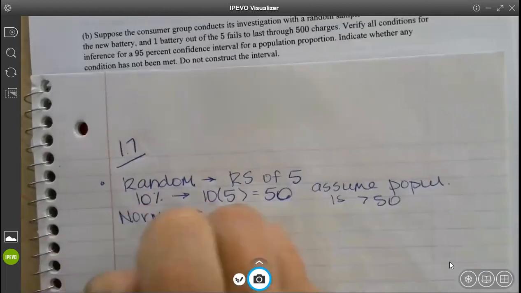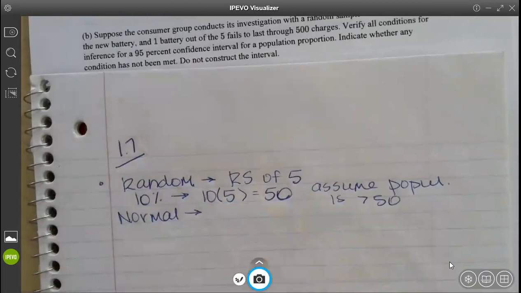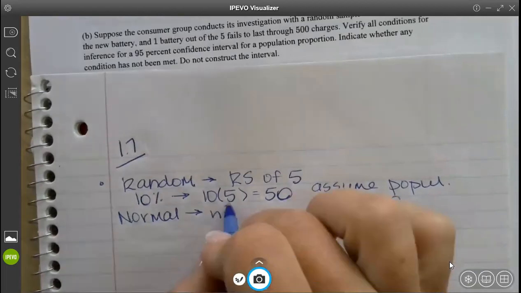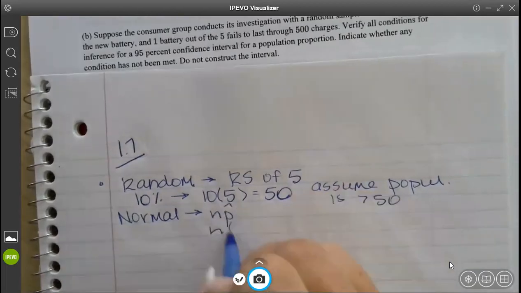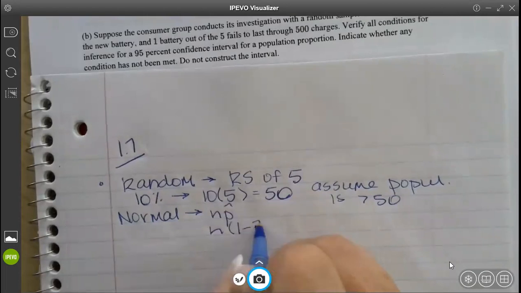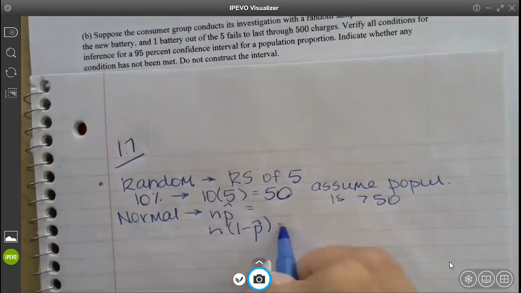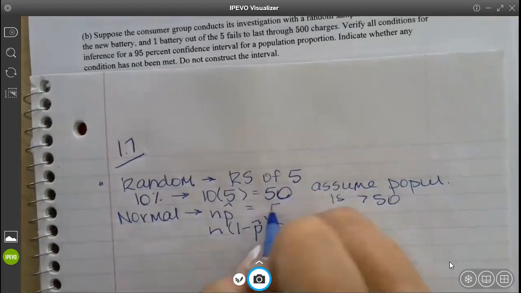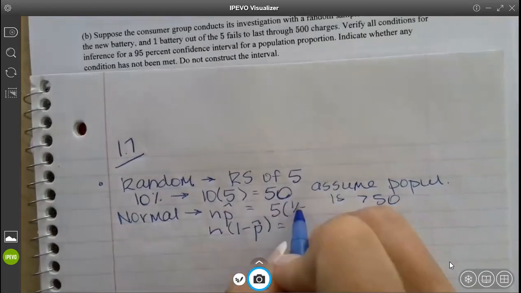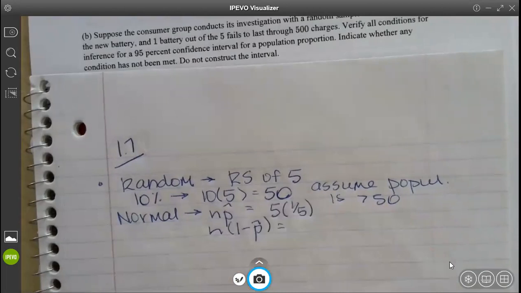But remember, they gave us a proportion, okay? How do you know they gave us a proportion? 1 out of 5, okay? So if they give you a proportion, that's n p hat and n(1 minus p hat). Your n was 5. Your p hat was 1/5 or 0.2, 1 out of 5 cell phones.